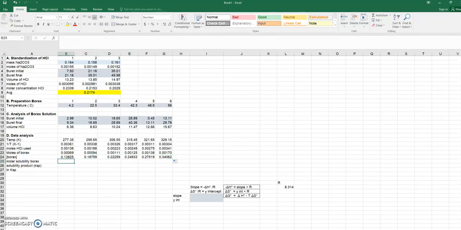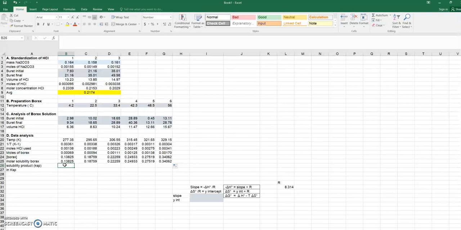The molar solubility is equal to the concentration. So you can just set that equal to this. You get that here. And then for, oops, I forgot one. For the KSP, it's 4 times this cubed.